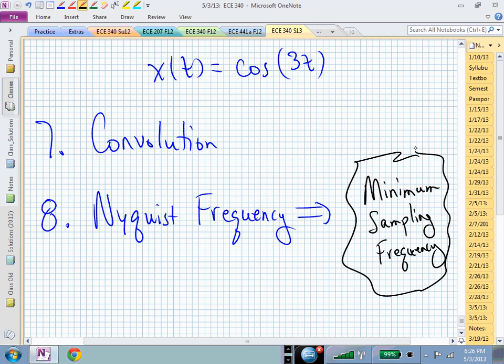It's the smallest you can sample and still recover all the frequency content without changing it, if the system that you're sampling is band limited.